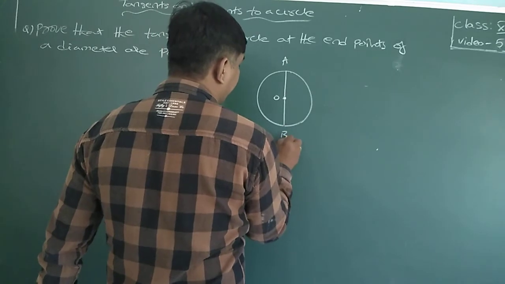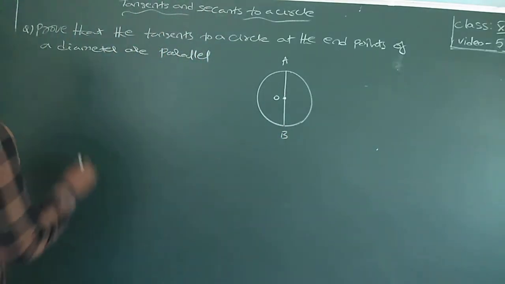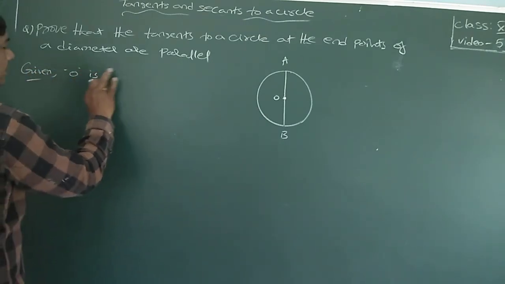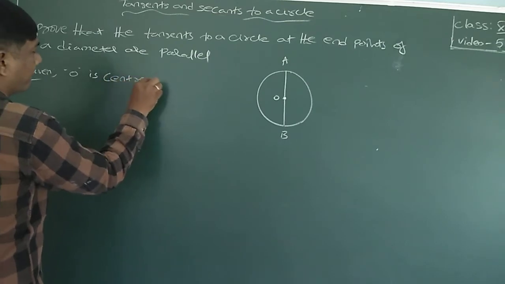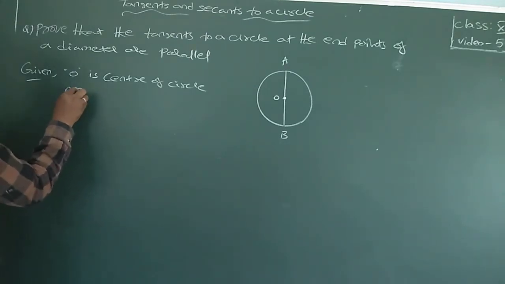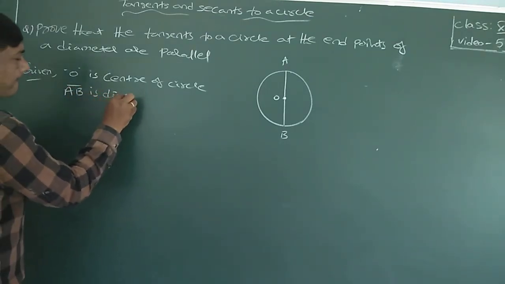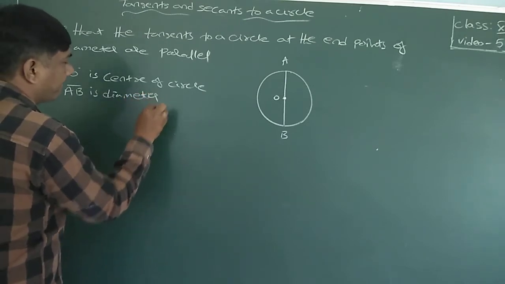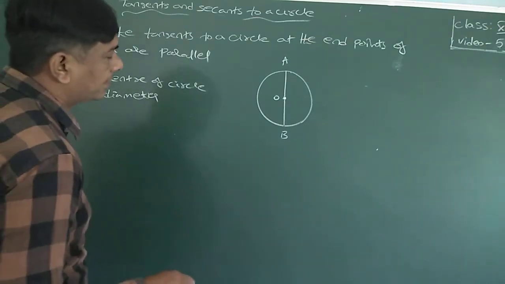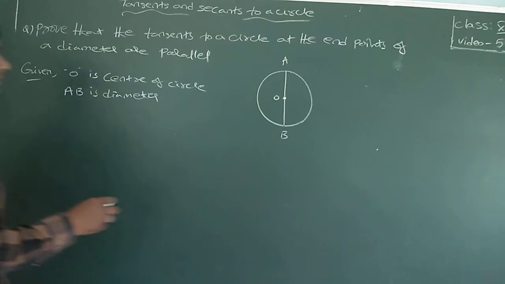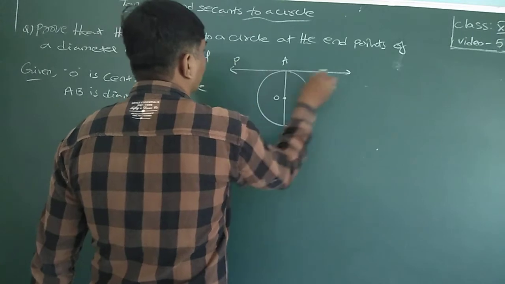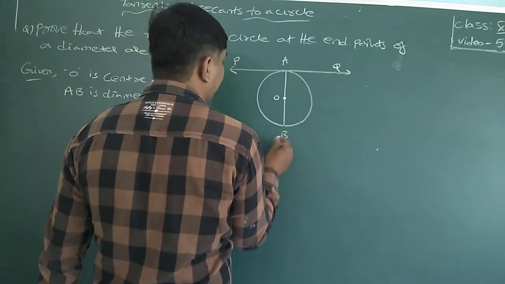AB is the diameter, O is the center of the circle. Now PQ is one tangent at the end of the diameter.